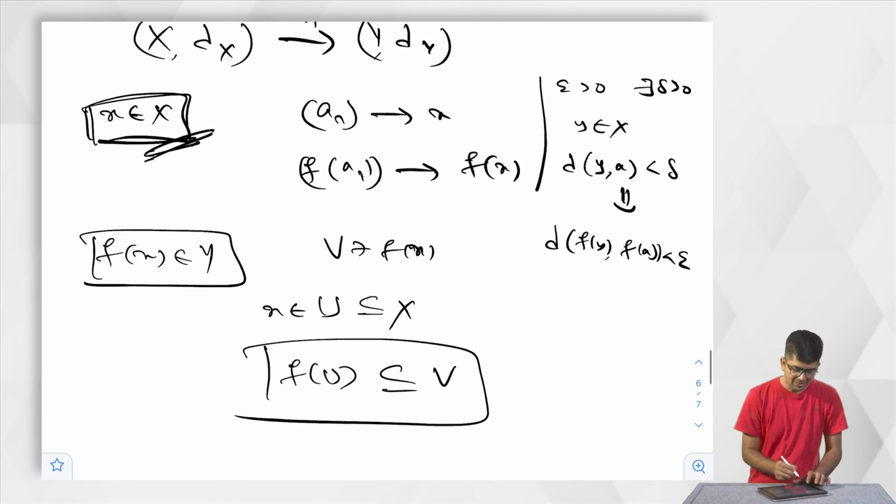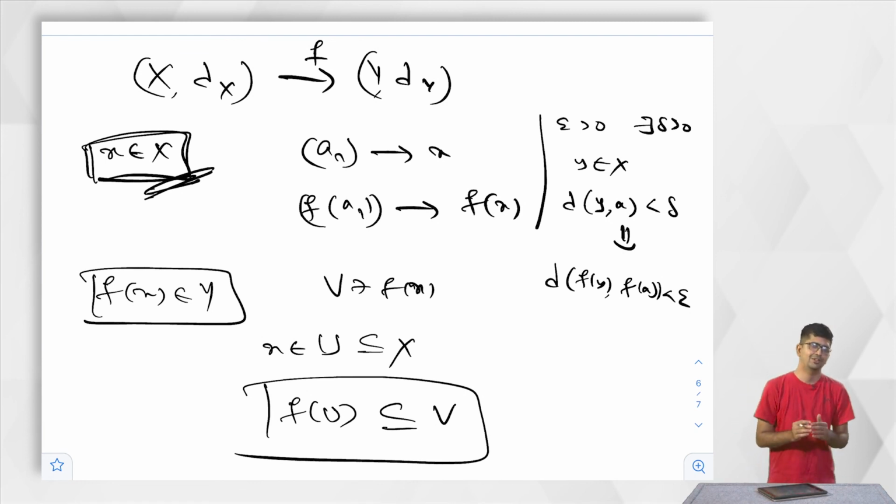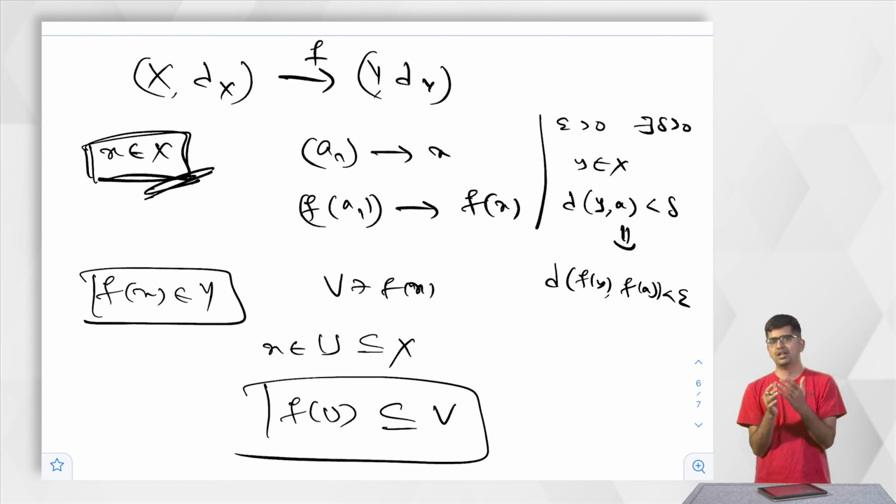See, if you observe here, look at the improvement from R. In R we had the notion of minus and modulus. Then we realized that to talk about continuity or convergence, we don't really need any notion of minus or mod.